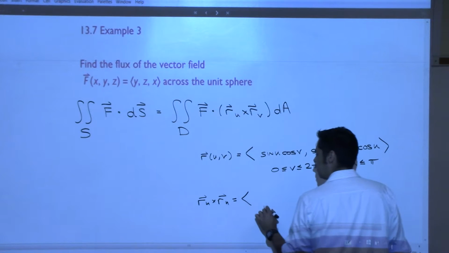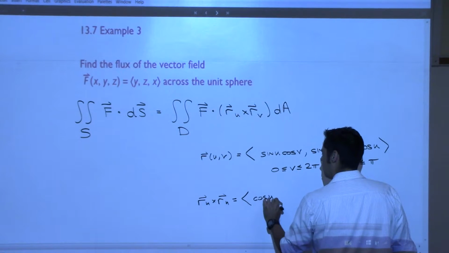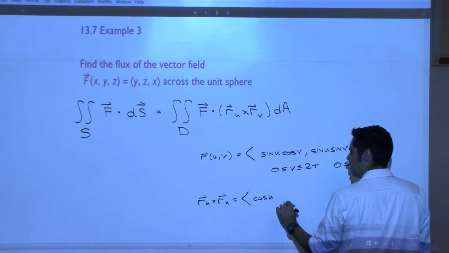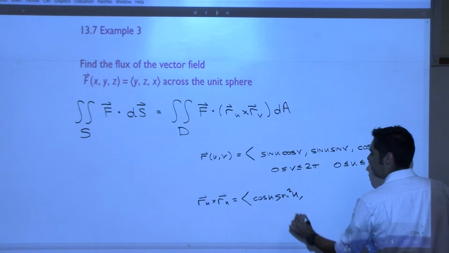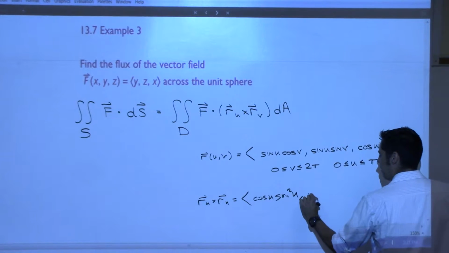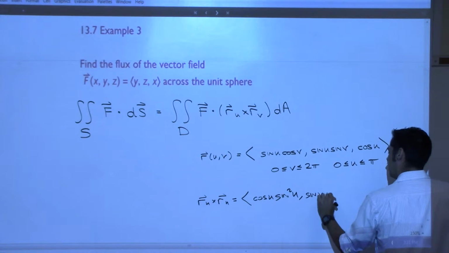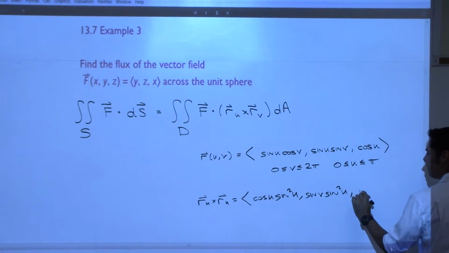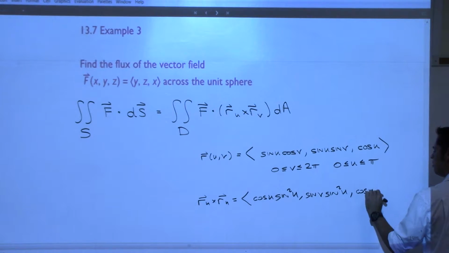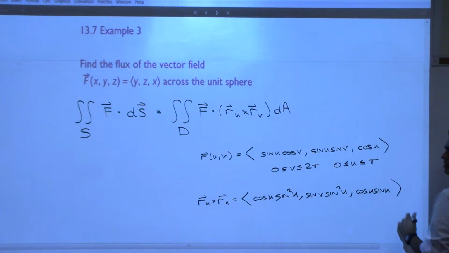It's a vector, right? Cosine V sine squared U, then sine V sine squared U, and then cosine U sine U. Anyone agree? Okay, good.